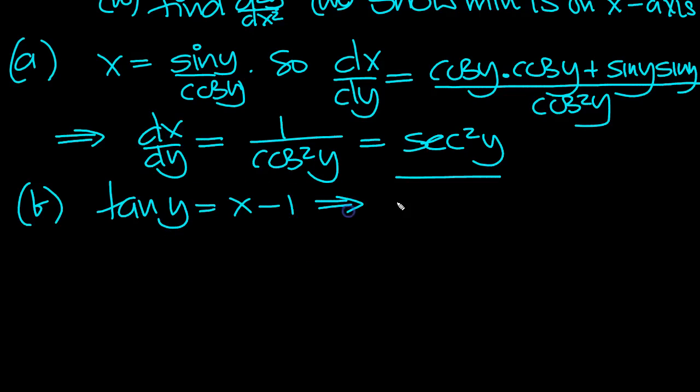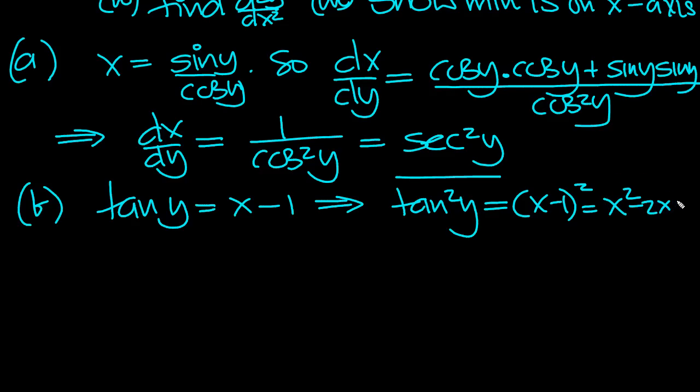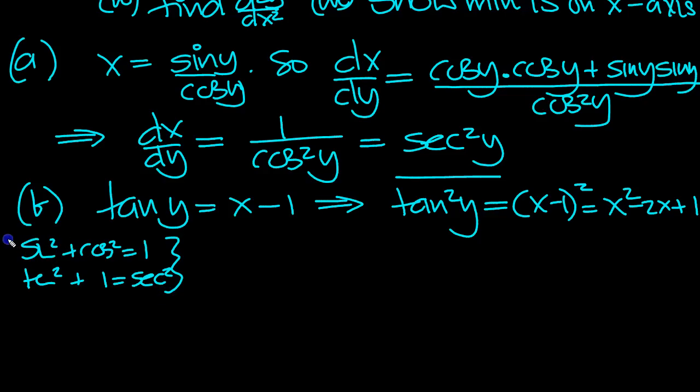So that tells us then that tan squared y, squaring both sides, is equal to (x minus 1) squared, which is equal to x squared minus 2x plus 1 when we square the bracket. Now sine squared plus cos squared equals 1, so dividing by cos squared all the way through, tan squared plus 1 is equal to sec squared.